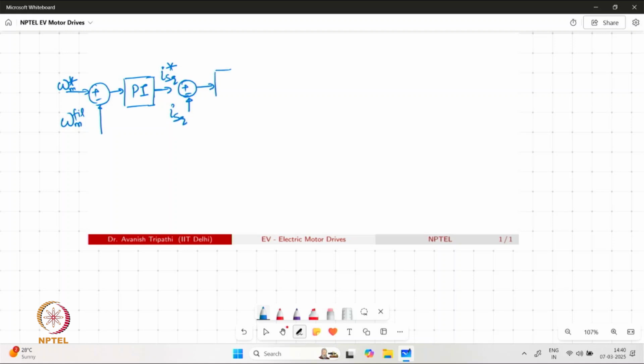Once again, the error is fed to the PI controller, which is responsible for maintaining the reference current, and the output is basically corrected by considering the feed forward terms.